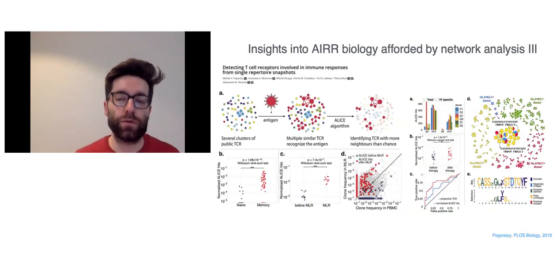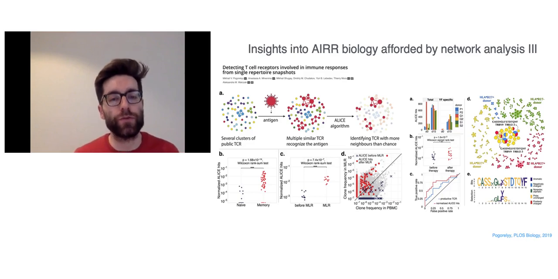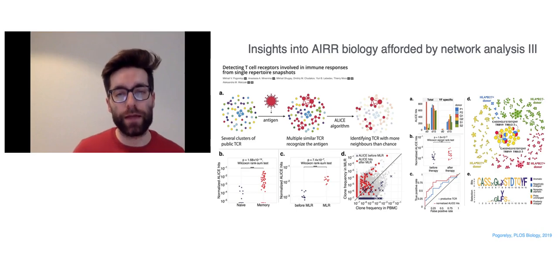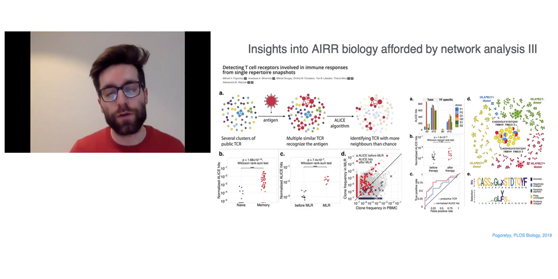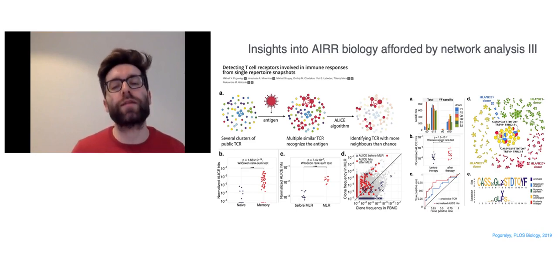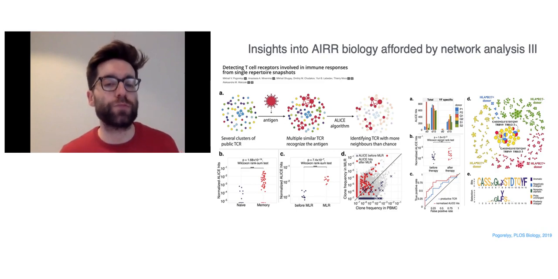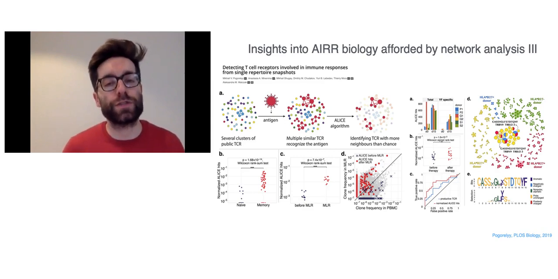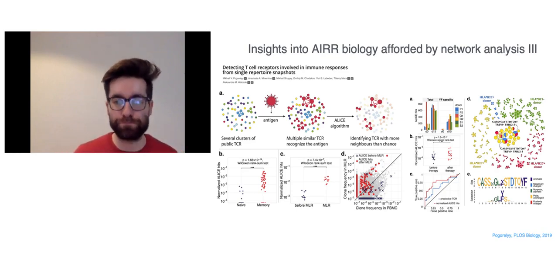This is what was also exploited by the Walczak lab, where they used sequence similarity and then looked at whether given neighbors of a given node were more or less likely to occur by chance, using generation probability approaches. Again, trying to find overrepresented clusters or sequences that could point to antigen binding.